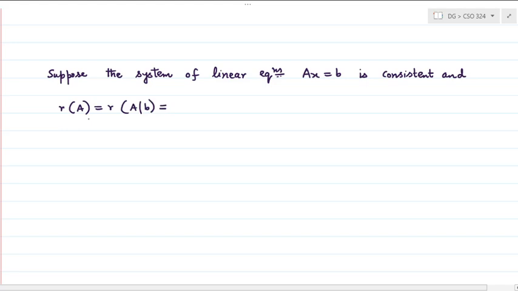And here we note that we discussed the theories of linear programming problems where the rank of the coefficient matrix and the augmented matrix are equal to the number of equations. And if it is less than the number of equations, then what will happen?